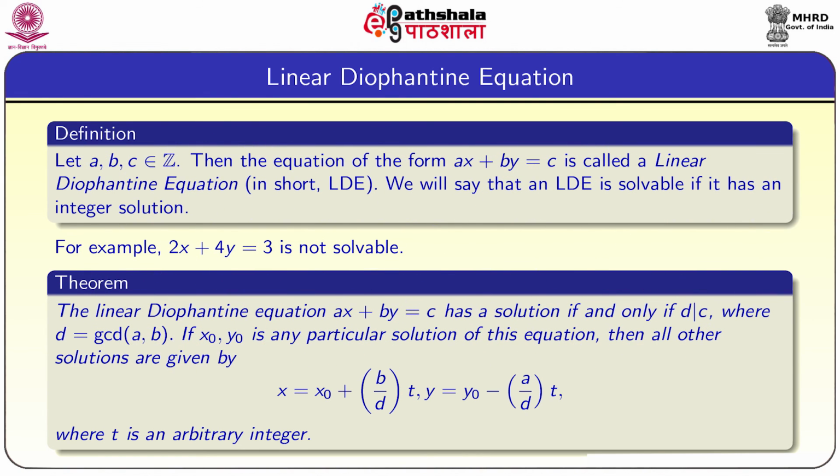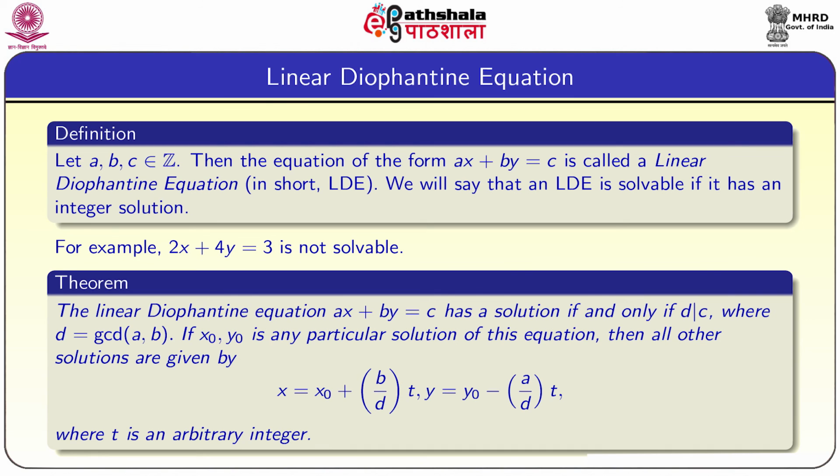As we know, if you look for real solutions, it has an infinite number of solutions. So, we are looking for integer solutions, and further we know that A x plus B y is equal to C, if you draw geometrically, is a straight line. So, we are looking for all integer points on that line. For example, 2x plus 4y is equal to 3 is not solvable.